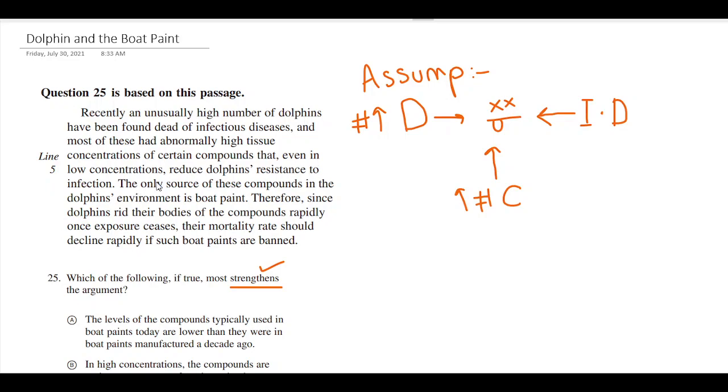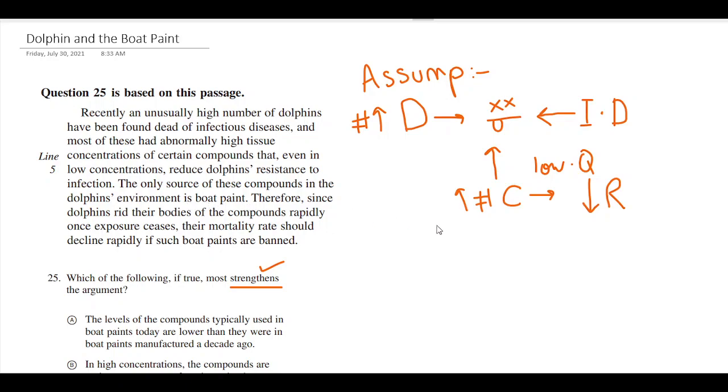Even in low concentration, these compounds reduced dolphins' resistance to infection. So these compounds can, even in a low quantity, significantly reduce the resistance that these dolphins have to resist some infection. Okay, the only source of these compounds in the dolphins' environment is boat paint.